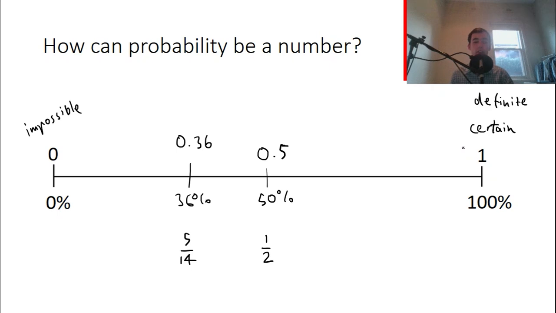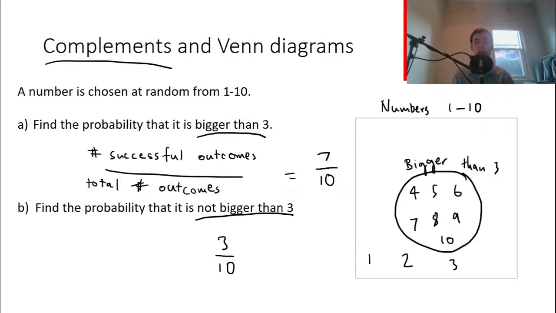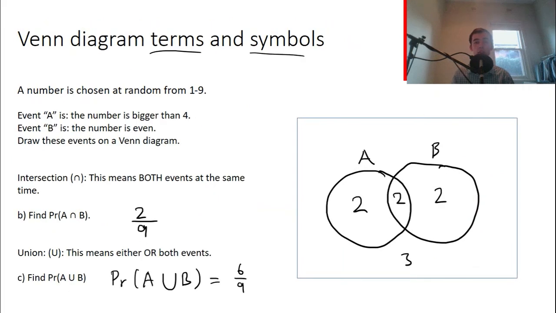So if you ever have a probability of 2, and by the way, some people get confused about this. Some people will go, okay, probability of A intersection B, well that's a 2 in here, so the probability is a 2, and that'll be the answer. But that's incorrect because you should remember that probabilities can't be bigger than 1.